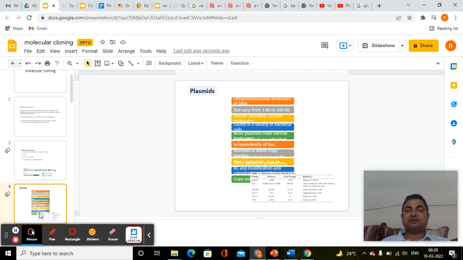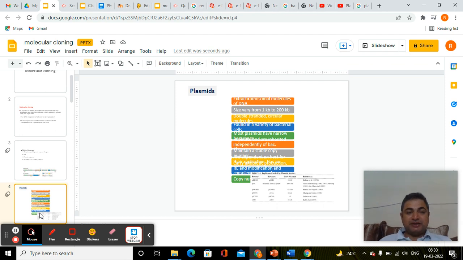That means they cannot survive in some unknown host. But their replication is independent of the replication of the bacterial chromosome. And the number of plasmids in a bacterium varies for different plasmids. There are some plasmids which are high copy number. There are some plasmids which are low copy number.